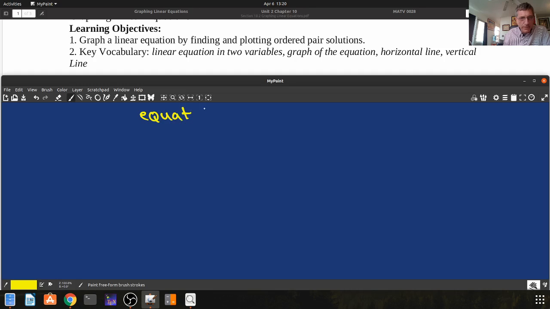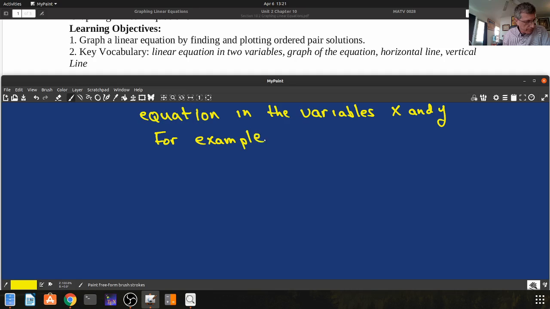So remember, with an equation, there's an equal sign, in the variables x and y. For example, this is just one example out of an infinite number: x minus y is equal to 2.